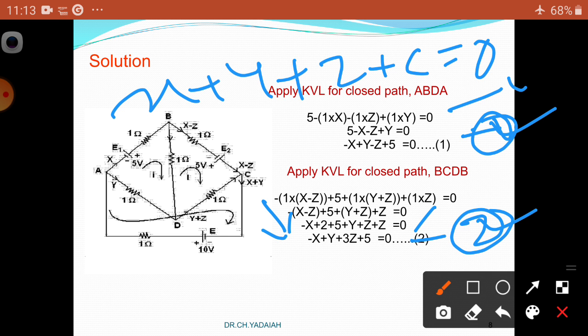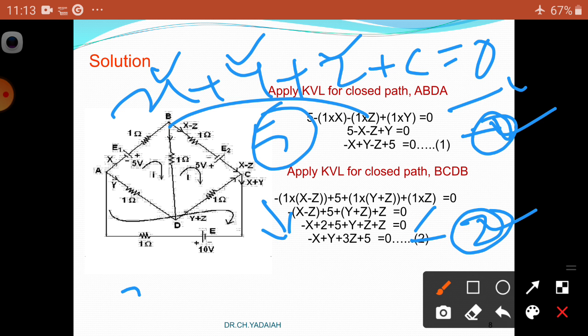But the unknowns are x, y, z, so minimum I require 3 equations. How many equations can I write? I can write 5 loops, 5 equations. But 3 is enough. For your practice, you write the 5 loop equations. From the 5 loop equations, you find the x, y, z currents.